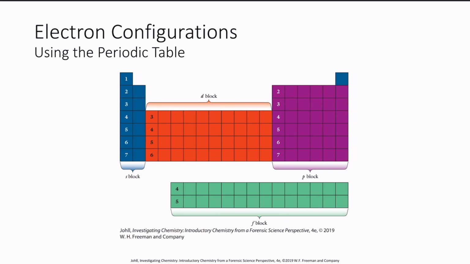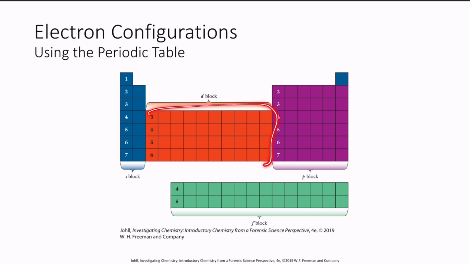So, what do I mean by s block? The periodic table is divided up into these different blocks, which describe the type of orbitals those blocks use. We have the s block right here, which uses the s orbital. The p block is over here, and it uses the p orbital.